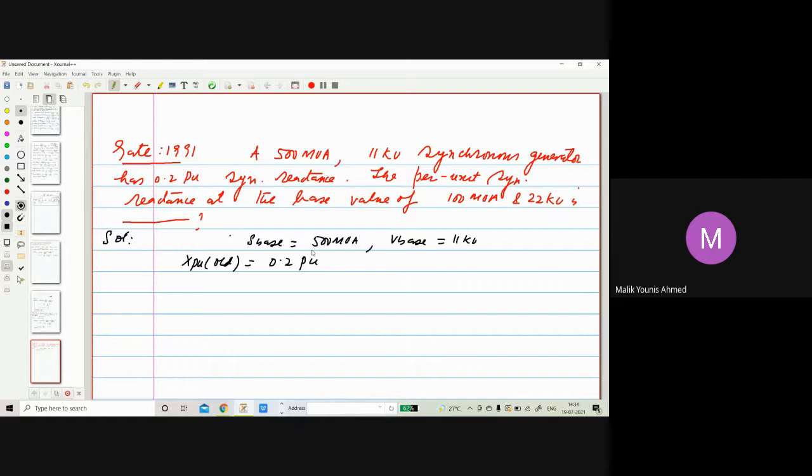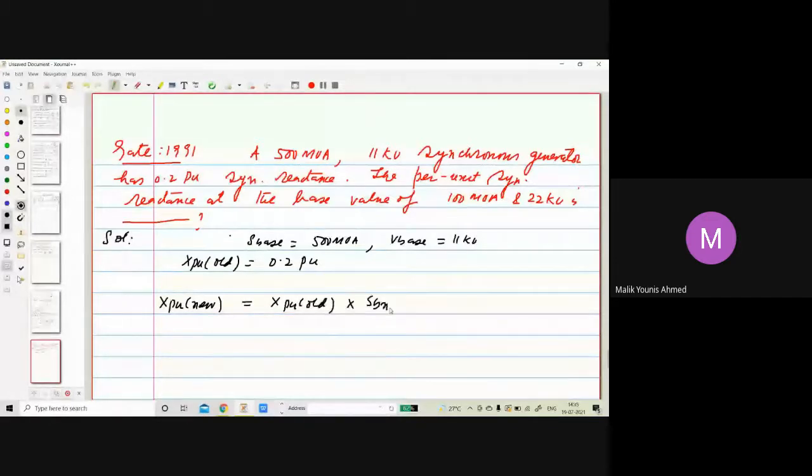Quickly. X per unit new is equal to X per unit old into S base new divided by S base old, into V base old divided by V base new, whole square. Very good. So X per unit old is 0.2.